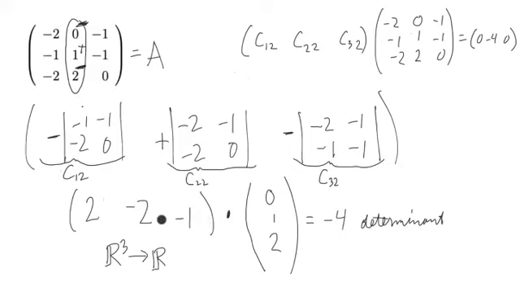This actually is, under the column interpretation of matrix multiplication, a function or linear transformation from R3. The input is R3, and the output is R, a number. The output will be the determinant of this matrix, assuming that whatever the input is is the column right there in the middle.